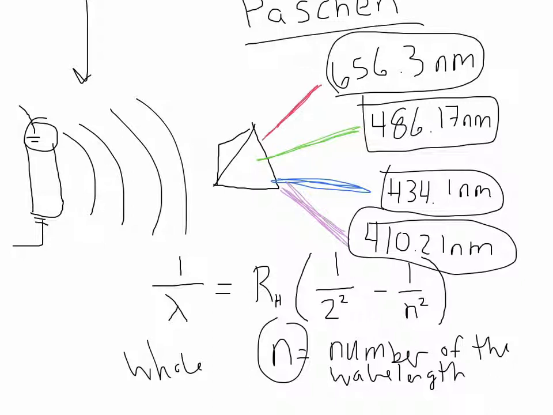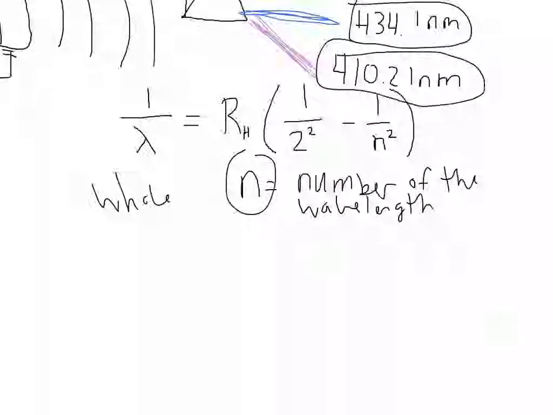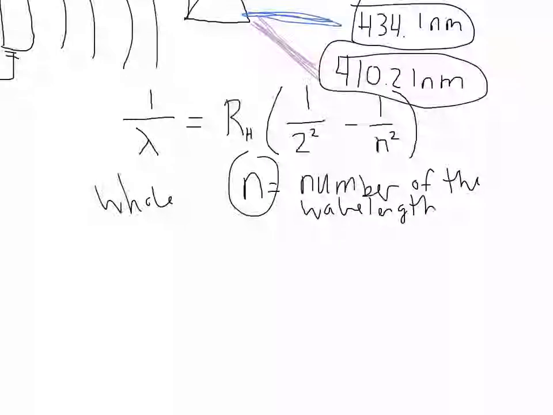Then sometime later, somebody discovers that hydrogen doesn't just emit visible light, it also emits ultraviolet light. So Lyman, let me write this down, Lyman, he discovered that hydrogen can emit UV light, and he made an equation similar to Balmer's that would describe the UV light.